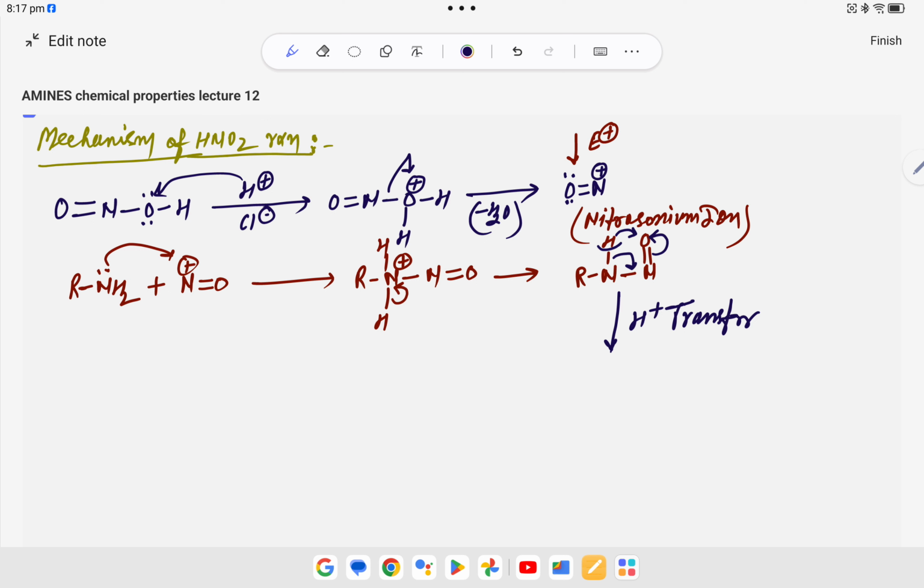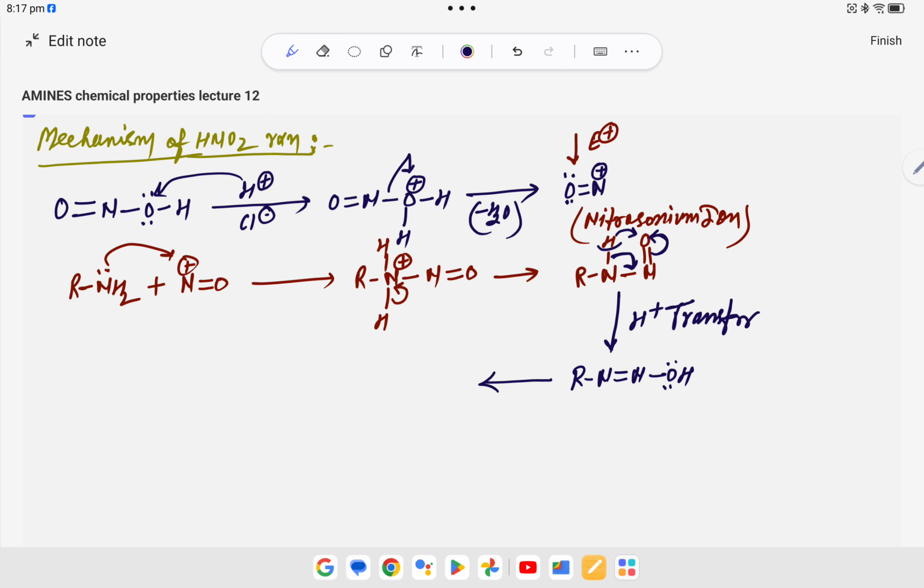Once again, these pi electrons shifted onto oxygen, then hydrogen will attach to oxygen. So what are we getting? R, then N double bond N, and OH is attached. Oxygen has a lone pair.